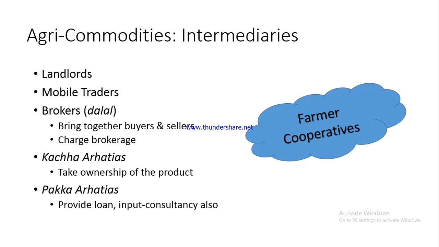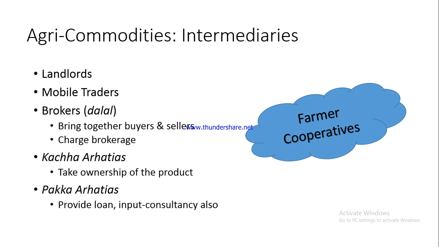We have discussed farmer cooperatives and we'll be discussing them in the next unit also. So what do farmer cooperatives do? They club up the produce of all the farmers and then sell it as one lot in the market. This way the farmers are able to bargain for a better price.